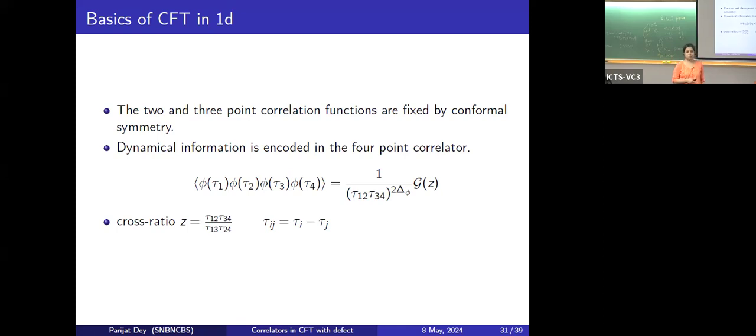No. We will try to see that some information we need, because bootstrap cannot fix everything. Like what I'm saying now applies to a one-dimensional CFT, so it is agnostic to whether the bulk is D dimensional or whatever dimension.